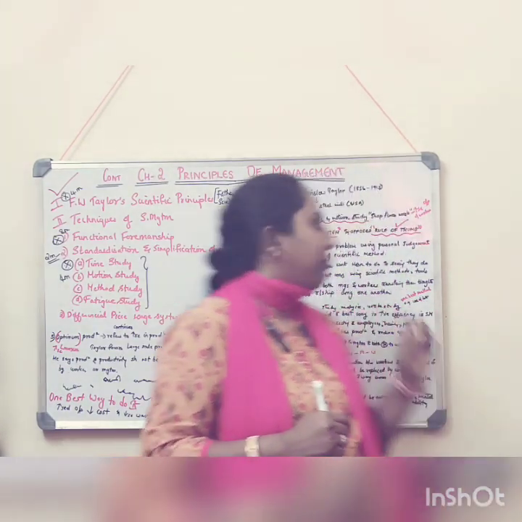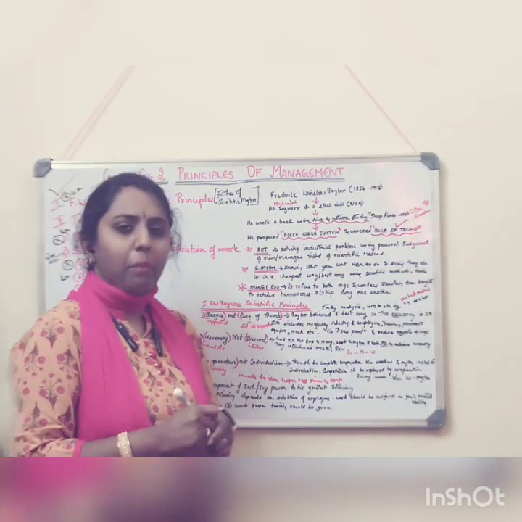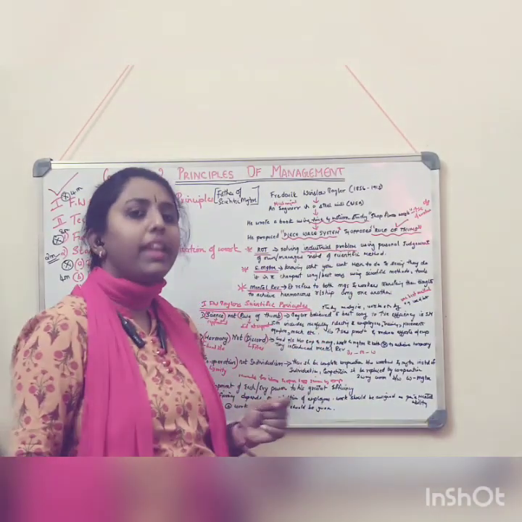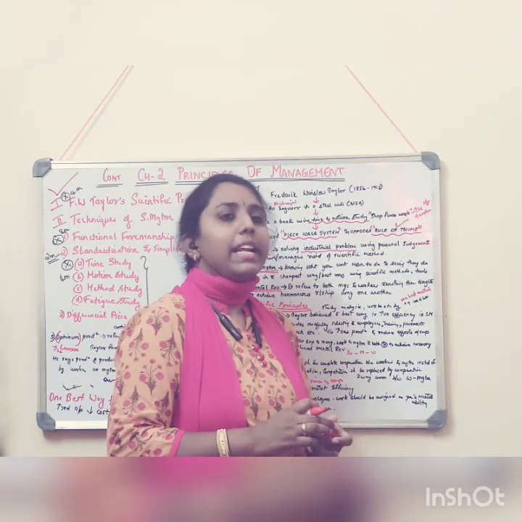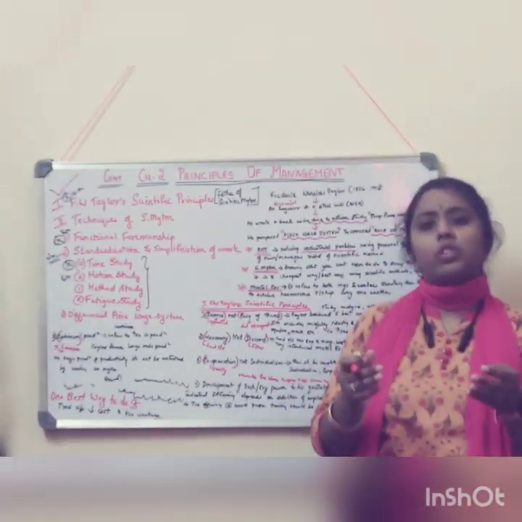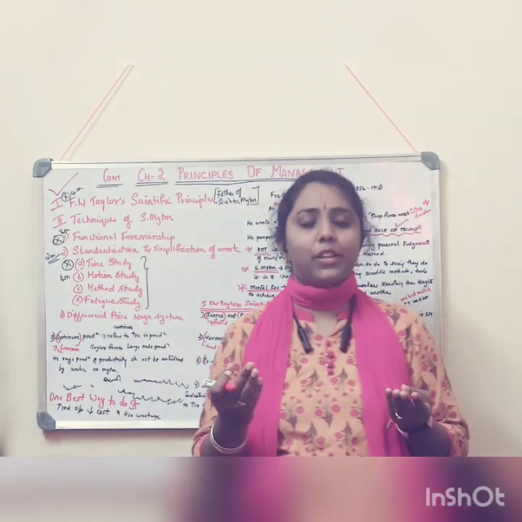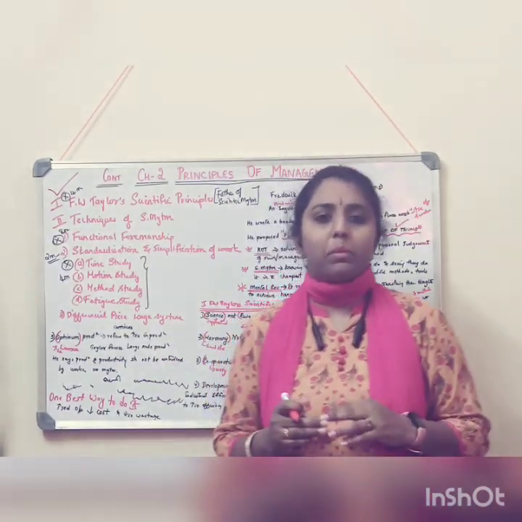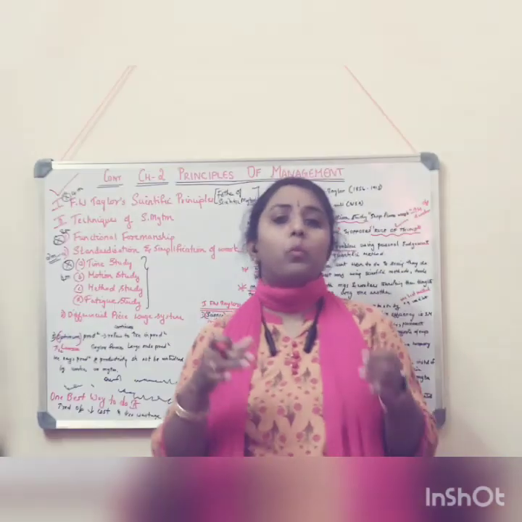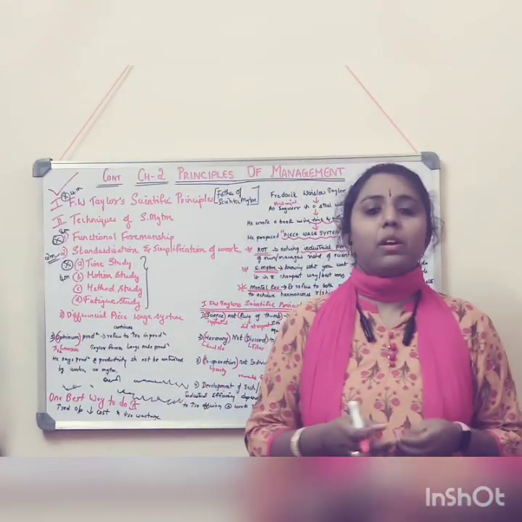Yes, so what is this rule of thumb? You are solving industrial problems. What problems are you solving? Industrial problems. See, with Henry Fayol's principles, most things refer to an organization. Let's talk about MNC companies. But when we are talking about F.W. Taylor, he mostly speaks about workers, laborers, all these things.